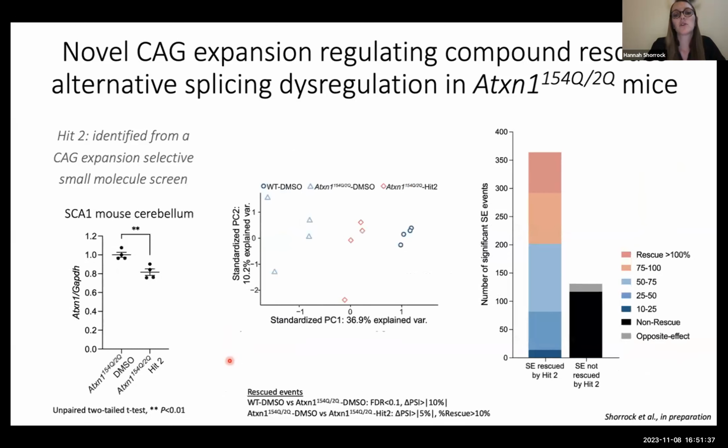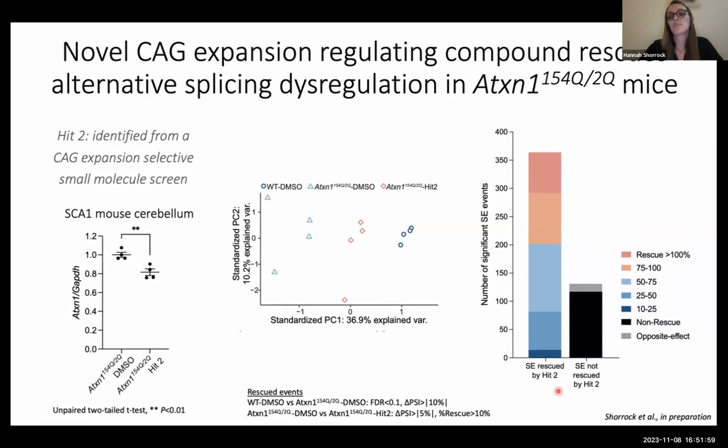When we look at these 495 events, we were interested to understand whether they're rescued with the HIT2 treatment. And so what you can see from this PCA plot here is that our HIT2 treated mice are sitting between our wild type and our DMSO treated mice, indicating that we do have reasonable rescue of splicing with this small molecule treatment.